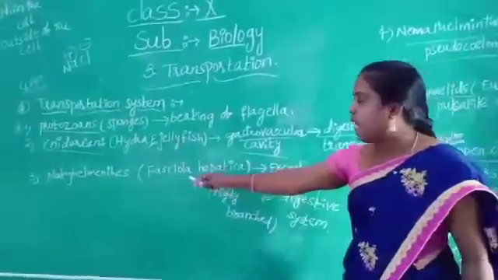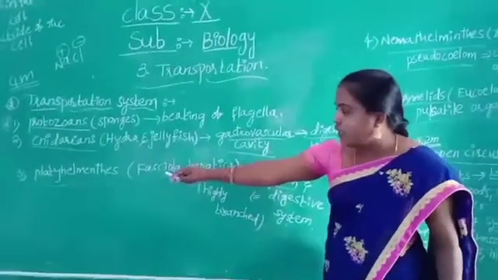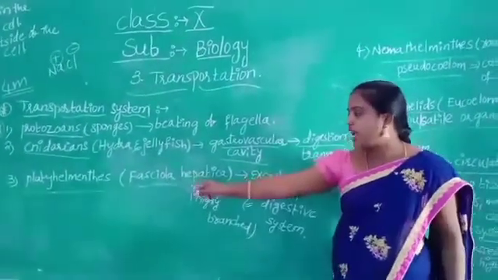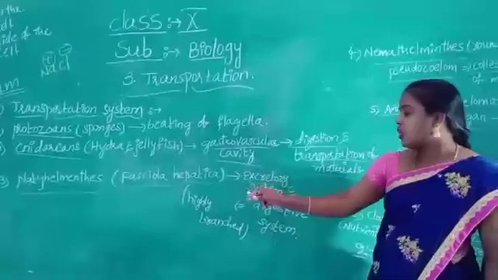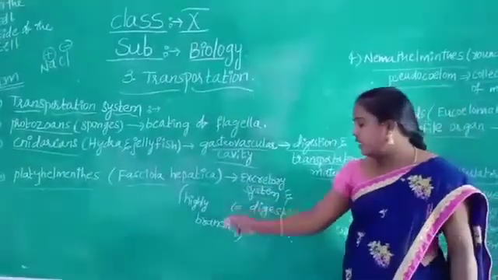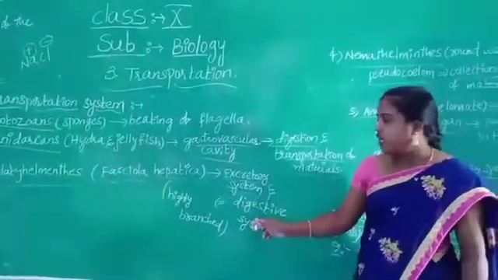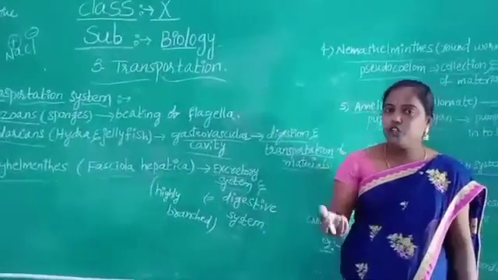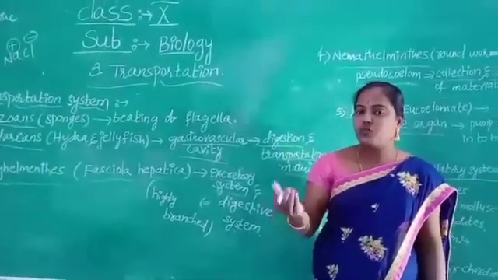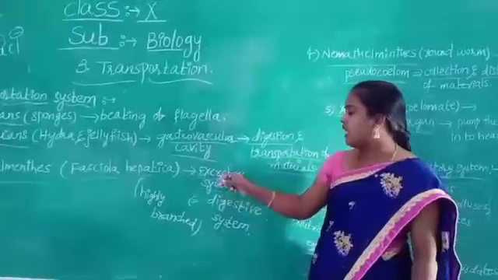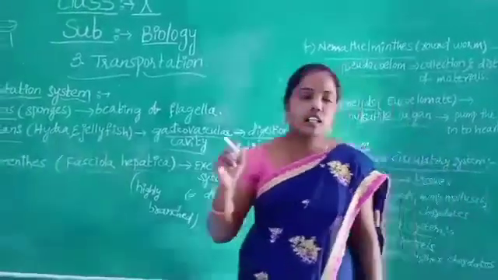The third one is the platyhelminthes, example Fasciola hepatica, which contain a very specialized digestion system, and taking food and releasing waste materials takes place with the help of only the excretory system.